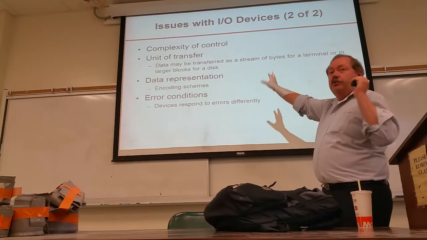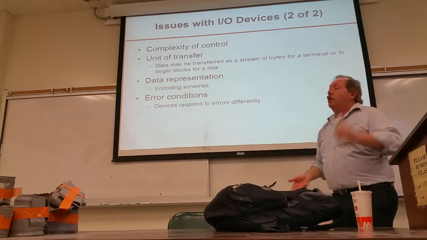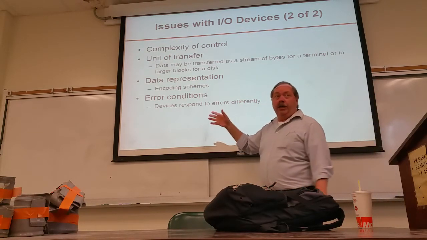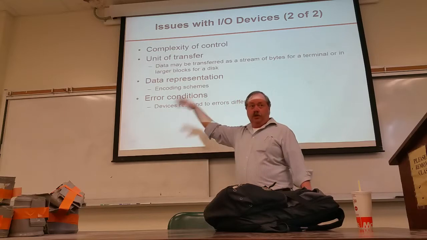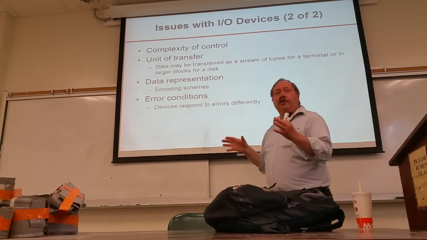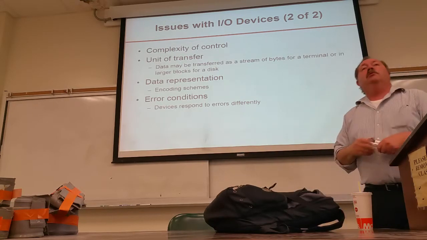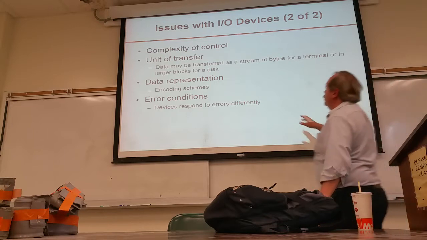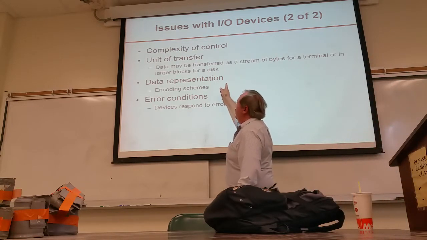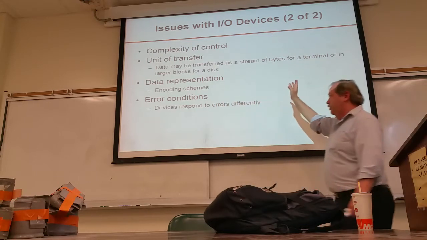So the unit of transfer is not so much a big deal for streaming I/O, but for block I/O, like transferring to our long-term storage devices, it's going to matter. Is it a 512 byte block? A 24 byte? A 768 byte? Whatever we use, we're going to look at some issues with that, because it drives the efficiency of our I/O subsystem.